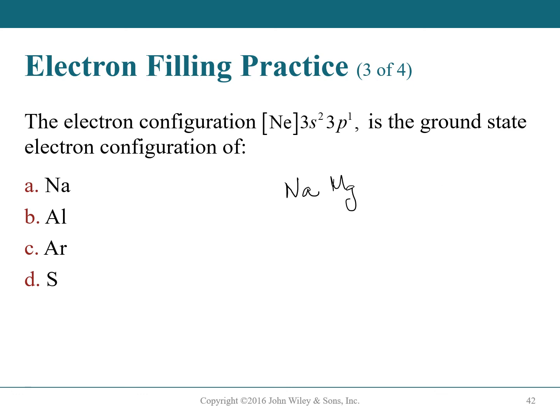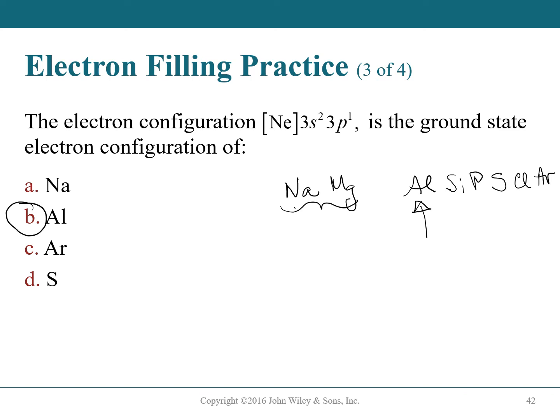Not boron. That's row 2. Okay. We go back. Magnesium. There we go. Aluminum, silicon, phosphorus, sulfur, chlorine, argon. Okay, so this is my S block, so 3s2, and 3p1 is there, so it's aluminum.